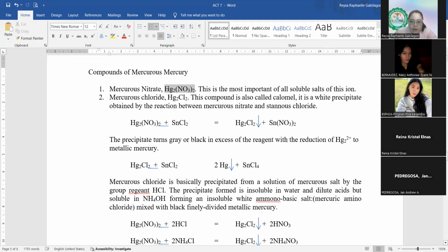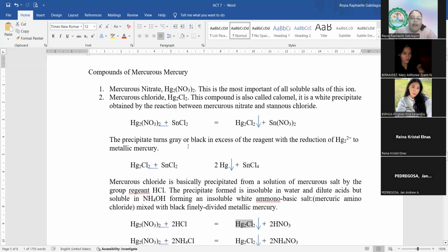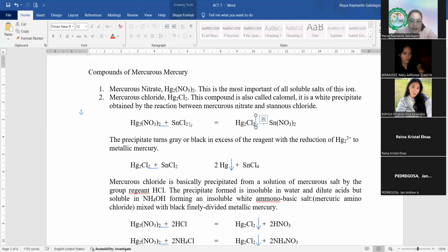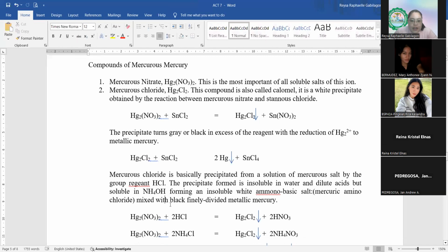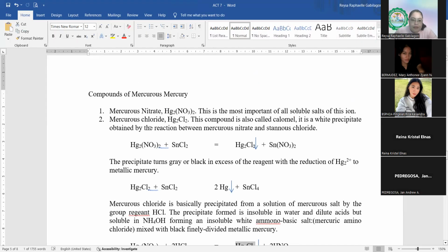But supposedly ito yung gagamitin natin, which is the most important of all the soluble na compounds of mercury. So supposedly pag pinareact natin siya with the precipitating reagent, that is the 2HCl, we will get this one, the mercurous chloride. So dalawang way din paano mabuo si mercurous chloride in the laboratory. Pwedeng using the tin chloride, you will still get the mercurous chloride, or yung reagent talaga natin na HCl, you will still get this one, the mercurous chloride.